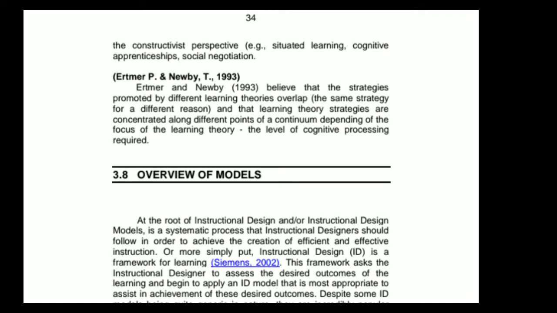Ertmer and Newby in 1993 believed that the strategies promoted by different learning theories overlap and that learning theory strategies are concentrated along different points of a continuum depending on the focus of the learning theory and the level of cognitive processing required.